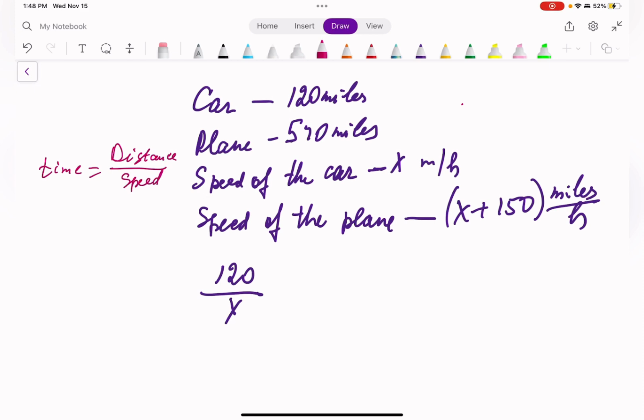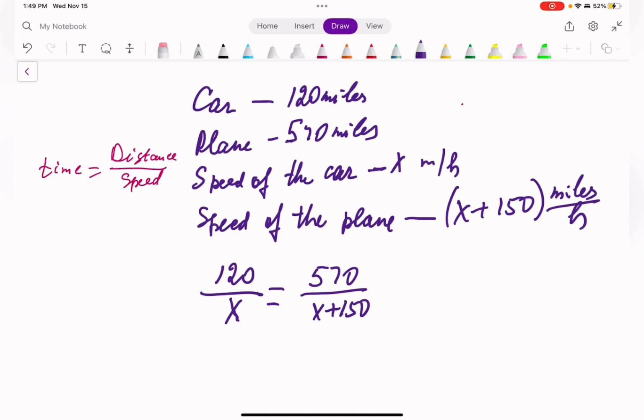So 120 divided by x is equal to 570 divided by x plus 150. The time is the same for the car driving 120 miles at x miles per hour, as well as the plane flying 570 miles at x plus 150 miles per hour. Now we need to solve this problem.